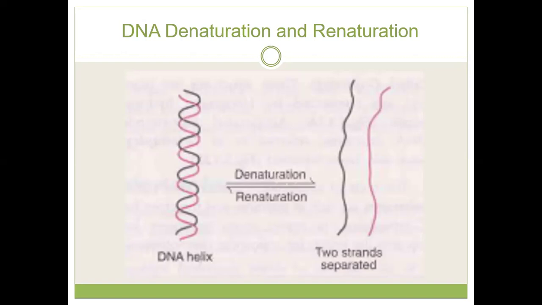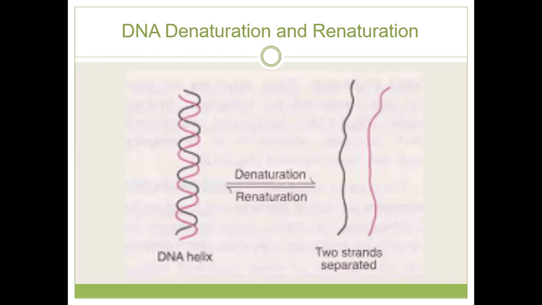Remember, we said the two DNA strands form a double strand through hydrogen bonds. And these hydrogen bonds can be broken, can be disrupted, so that the double strand goes back to single strands. Temperature can break this hydrogen bond.